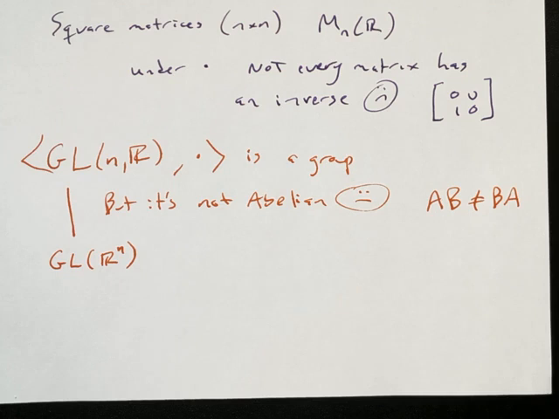I can change the operation to be anything I want. Matrix multiplication is a complicated operation. Regular multiplication is an easy operation. I can make up and call that an operation, as long as it's well defined and has unique outputs to inputs.